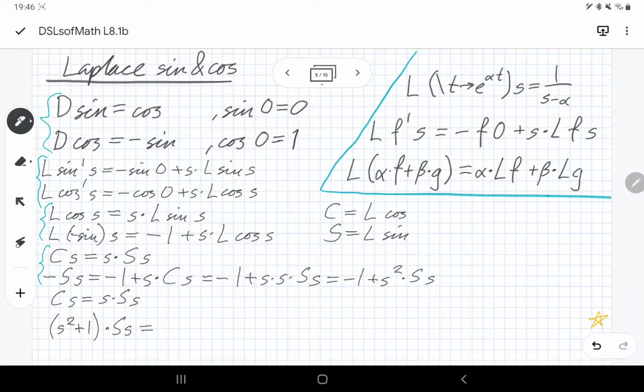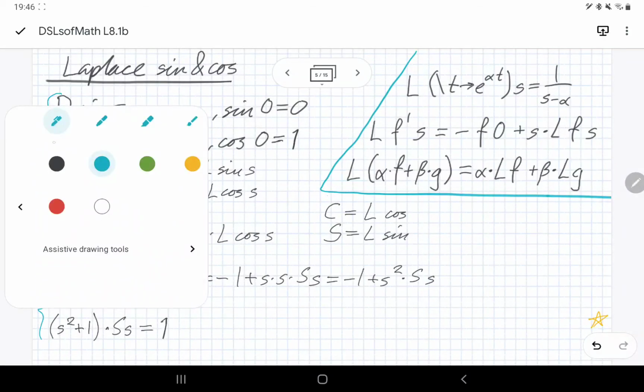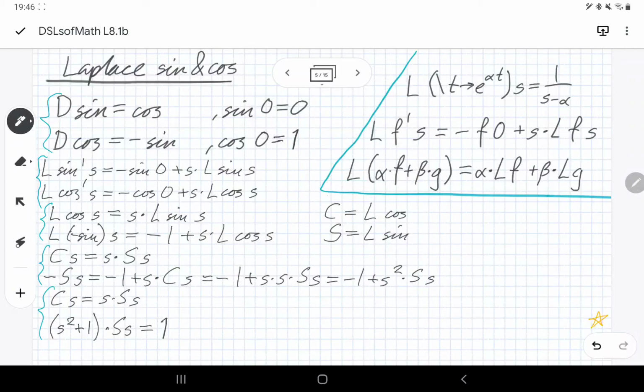Notice what I did: I took this term and I added this one. So I got s squared plus 1 times S of s on this side, and then moving the minus 1 over to the other side and swapping it around, that's equal to just 1.